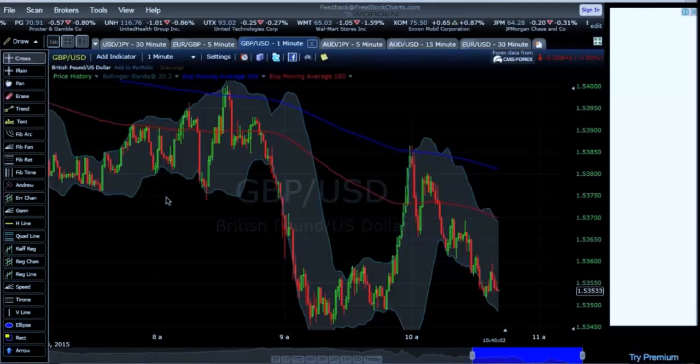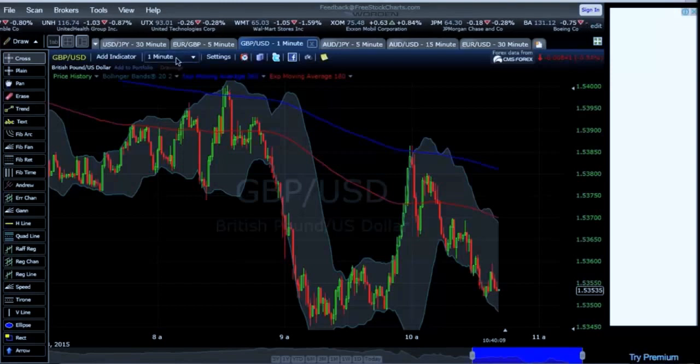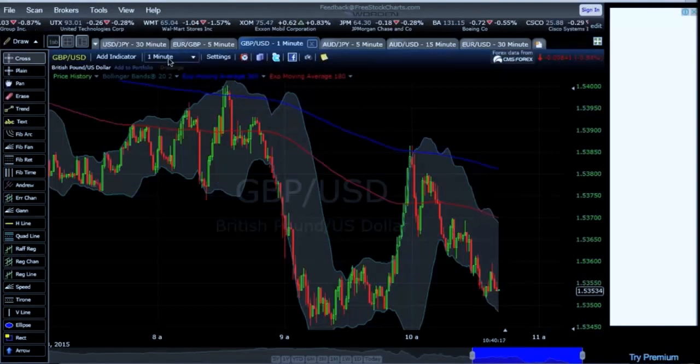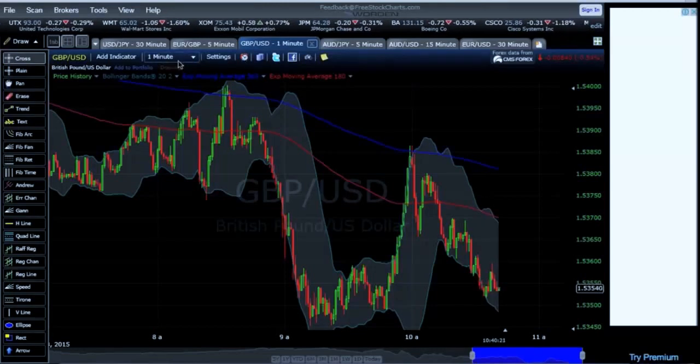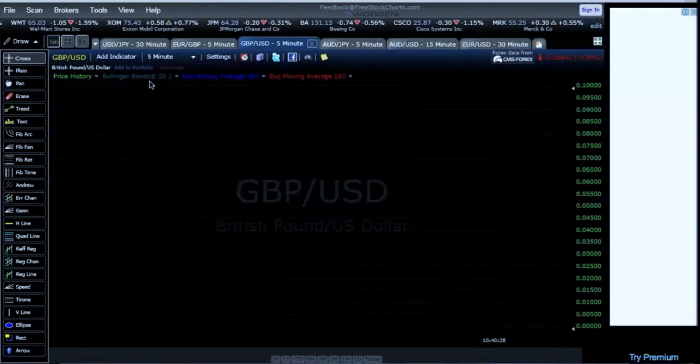But first we need to check three different time frames, the 5 minute, the 15 minute, and the 30 minute, to see if the EMAs are in the same direction on each time frame. I'm going to go over a few trades on the GBP-USD, and let me show you how I use this strategy.